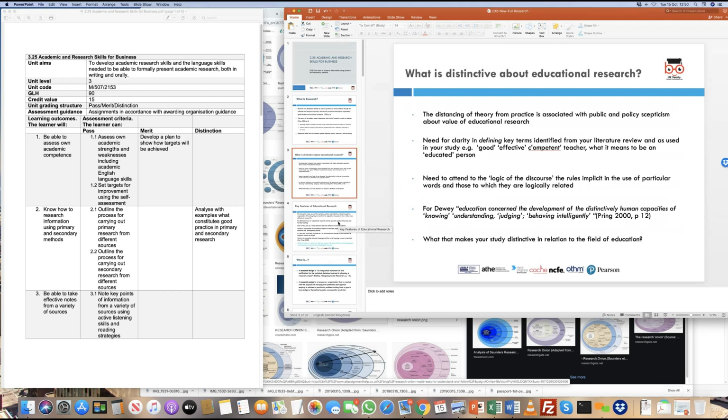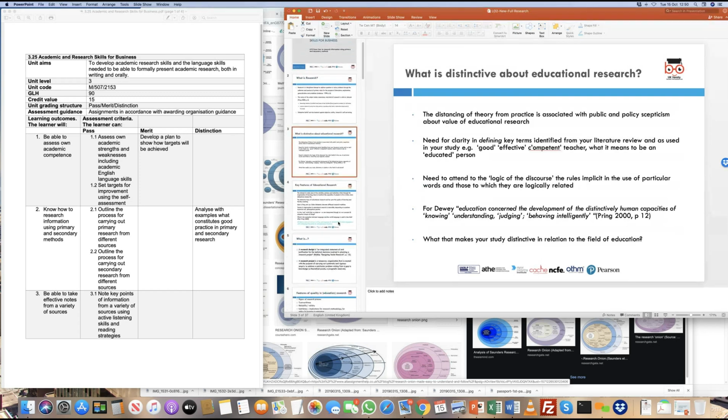Now, this particular learning outcome is much more theoretical, unlike learning outcome 1. Here, some of the aspects and the areas of research is what you need to understand.